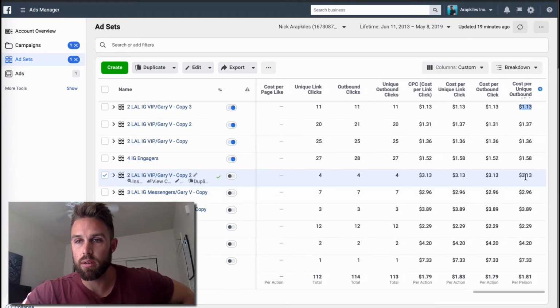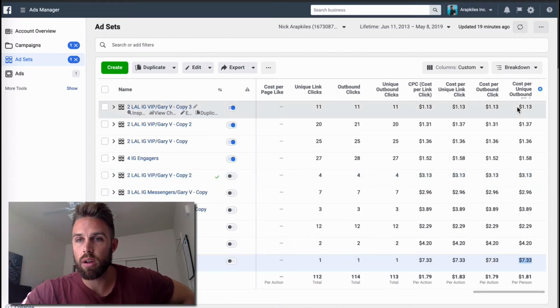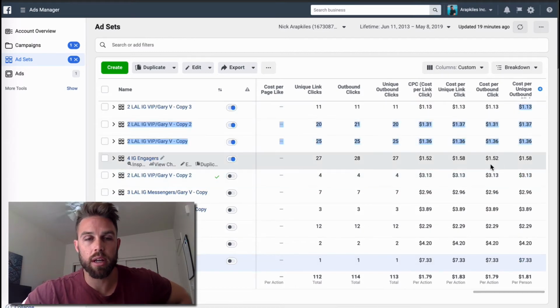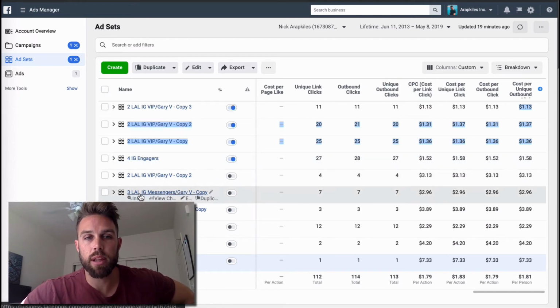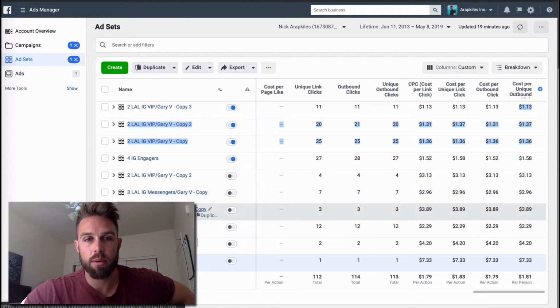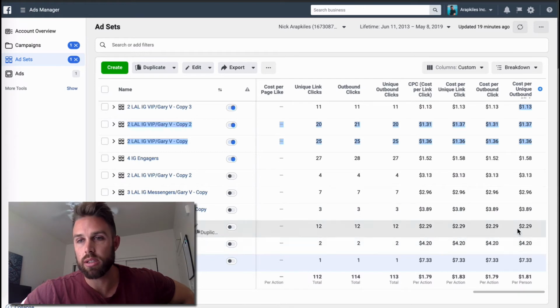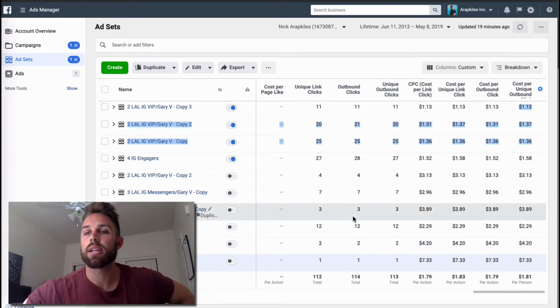Actually, these two did. $3 a click, $7 a click, and then these other ones got $1 a click, you know, so looking pretty good there. But yeah, it's just kind of crazy how that works. So here was my people that DM me that was getting like $3 clicks. Here's the people that have engaged in my stuff, you know, $3 clicks, $4 clicks. So once you're seeing that you're getting higher cost per click, then you just turn it off.